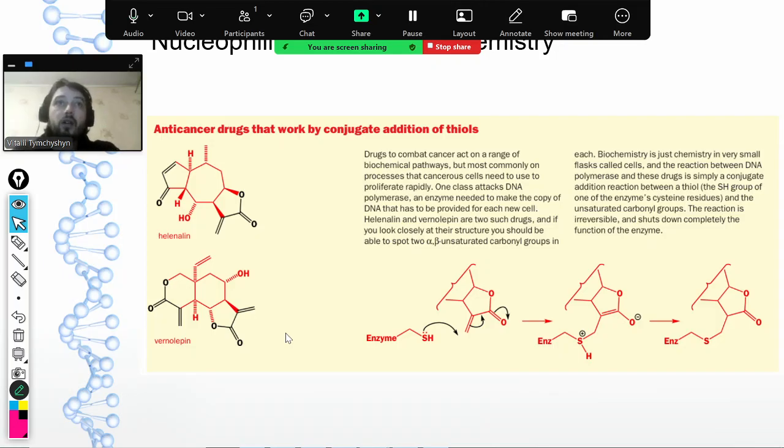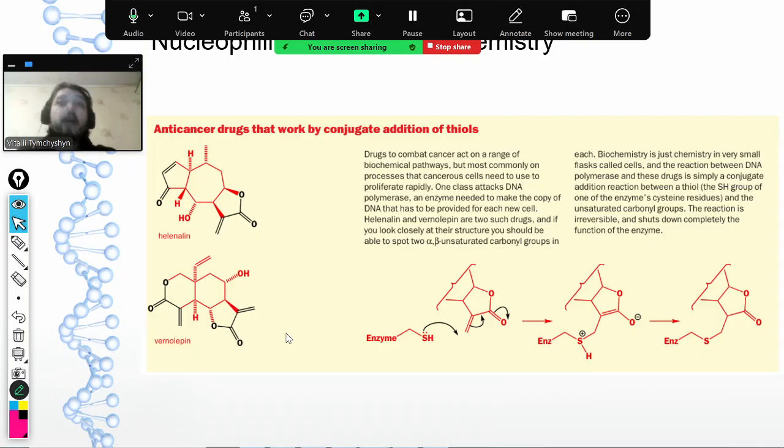So we are trying to stop any proliferation that will do some damage to a certain extent, but it's not comparable to the damage that cancer is doing to us. Most drugs will be targeting something like that.